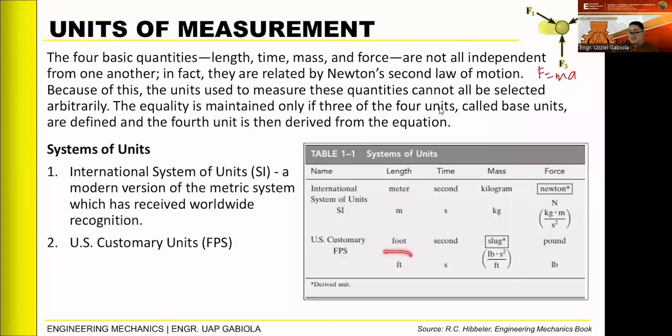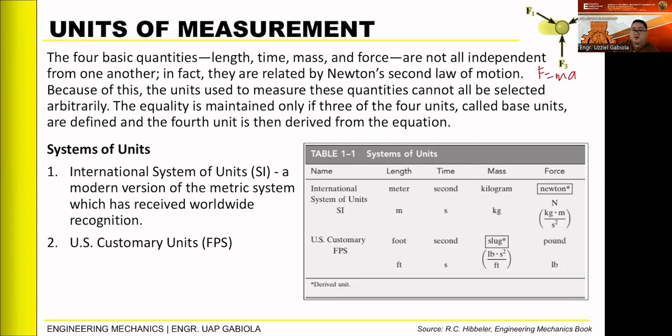For mass, the SI system uses the kilogram, while the US unit is the slug. The slug can be derived using the formula F = mass times acceleration, as we will show later.